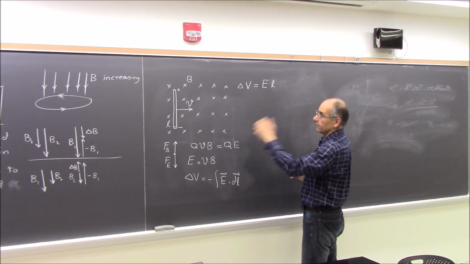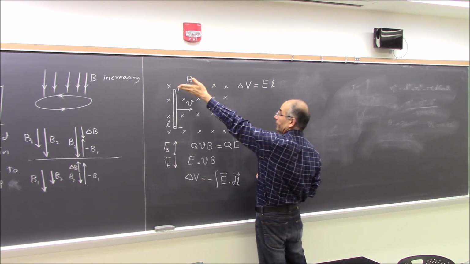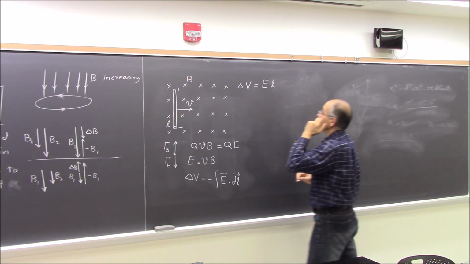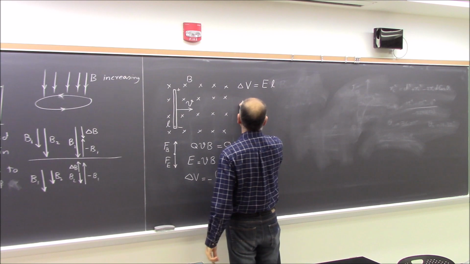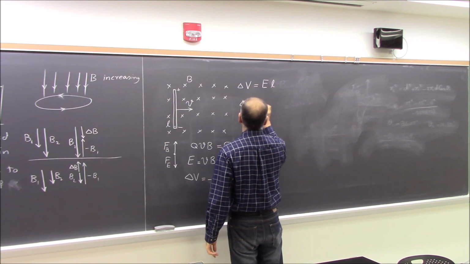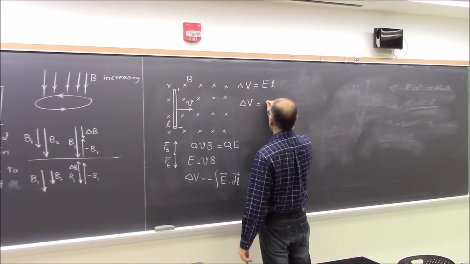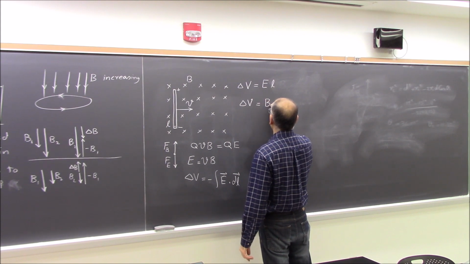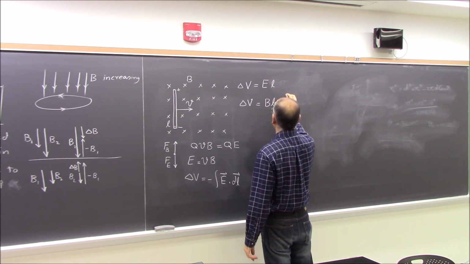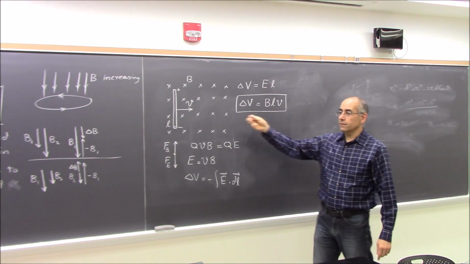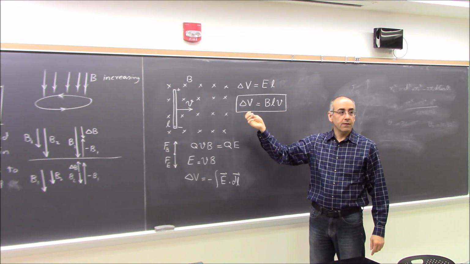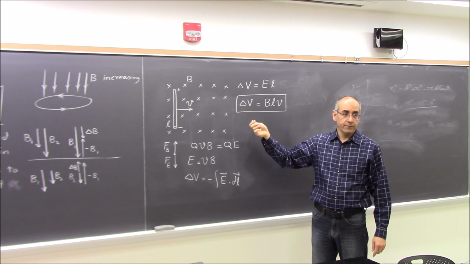Now in this case, the upper part is positive, the lower part is negative. But E is V times B, so the voltage created will be B L times V, or BVL. Because it's created by motion, they call it motional EMF.